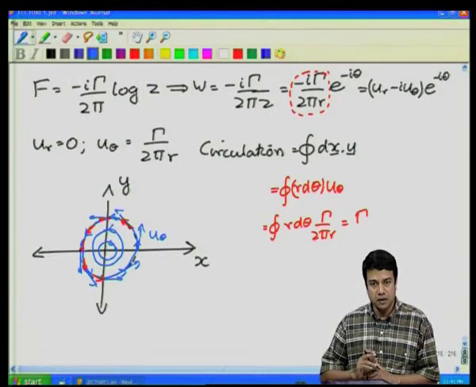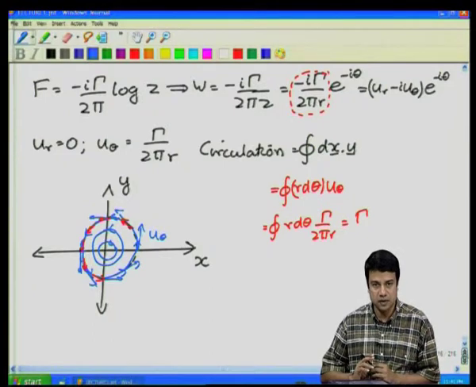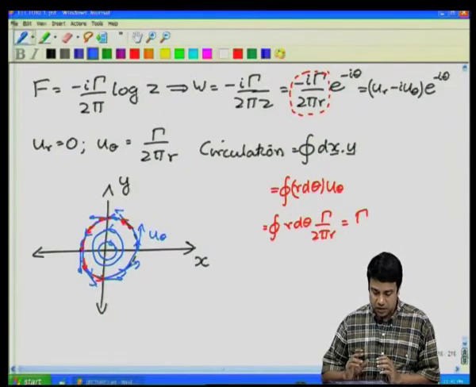Note that I have got a velocity field which seems to be rotating. When I started off, I said potential flow is irrotational, there should be no rotation. I have defined here for you a circulation, which is basically the integral of dx dot u. So, apparently it appears that the velocity field is rotating, but that is actually not so.